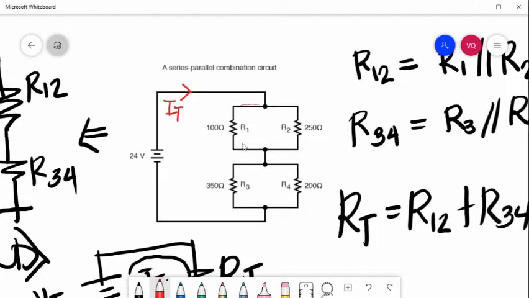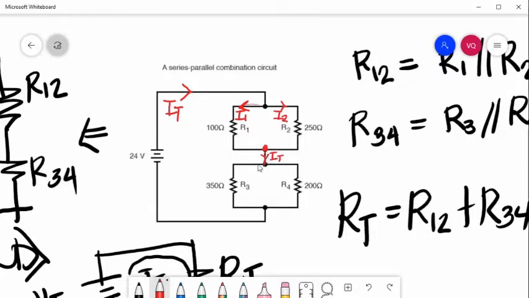So branch 1 is your R1, and branch 2 is your R2. So let's say the current flowing in R1 is I1, current flowing in R2 is I2. And again, this I1 and I2 will meet again at this node. And current flowing here will be equal to your total current again.